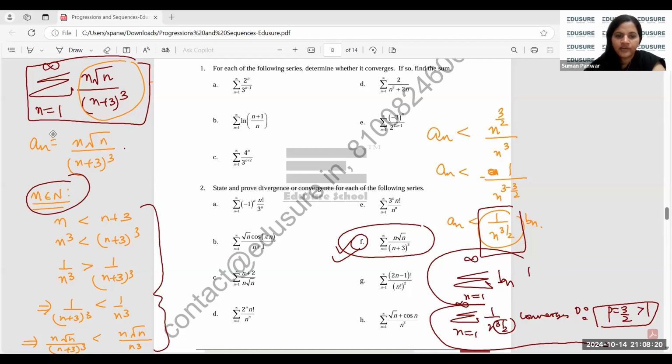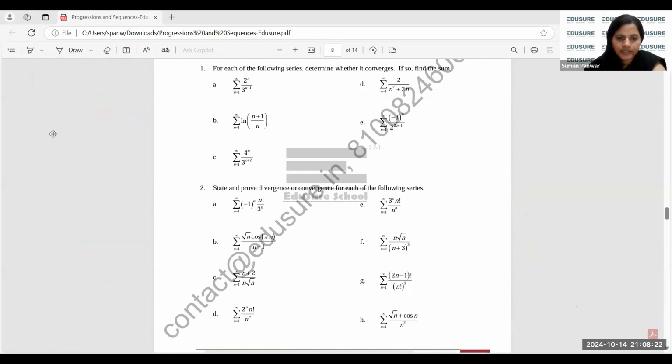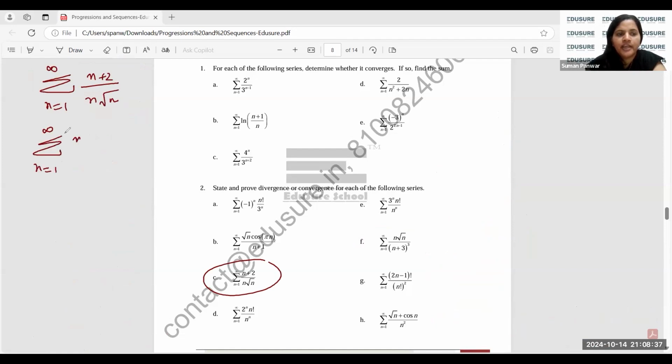Okay, so now let us try to look at this particular series. Summation n going from 1 to infinity, n plus 2 upon n root n, which I can write as summation n going from 1 to infinity, n upon n root n plus 2 upon n root n. See, I can talk about sum of series also.